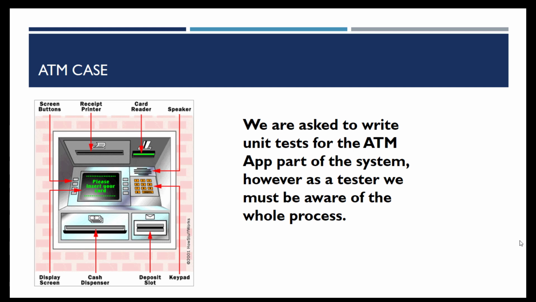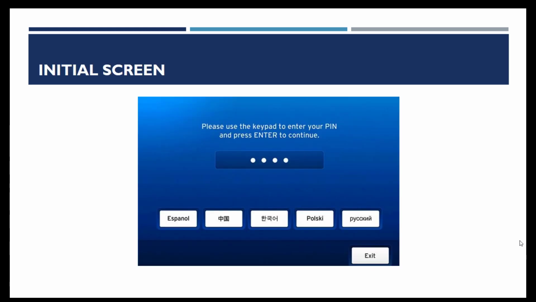If you guys have used the ATM machine, you know pretty much how the whole system works, right? So basically, first thing it asks you as soon as you enter your card, it asks you for your PIN number, or it may ask you to select your language.